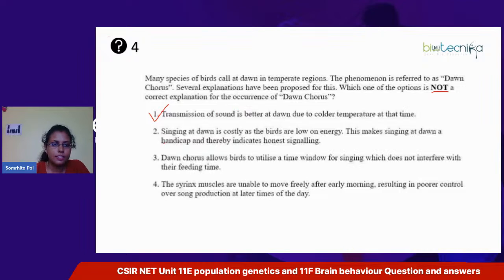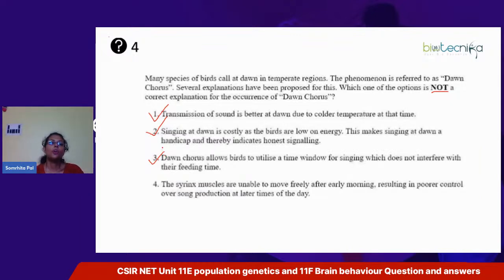so this is correct. Now, talking about the third statement, dawn chorus allows birds to utilize a time window for singing which does not interfere with their feeding time. This is correct. Why?